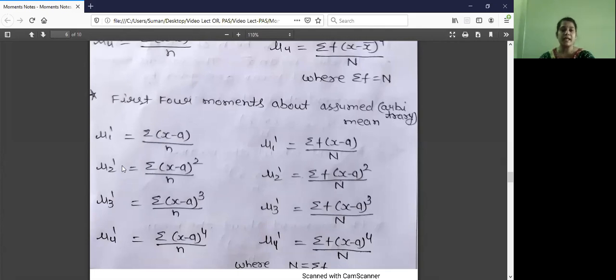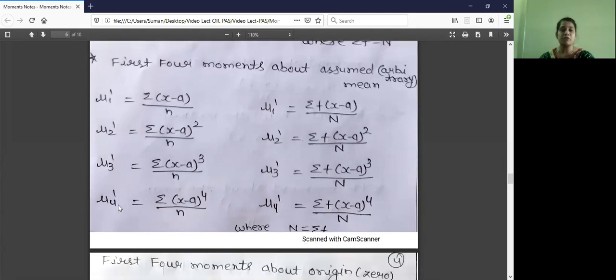Got it? Mu2 dash is equal to summation x minus a whole square divided by small n. Mu3 dash is equal to summation x minus a whole cube divided by n, and mu4 dash is equal to summation x minus a whole raised to the power 4 divided by small n.